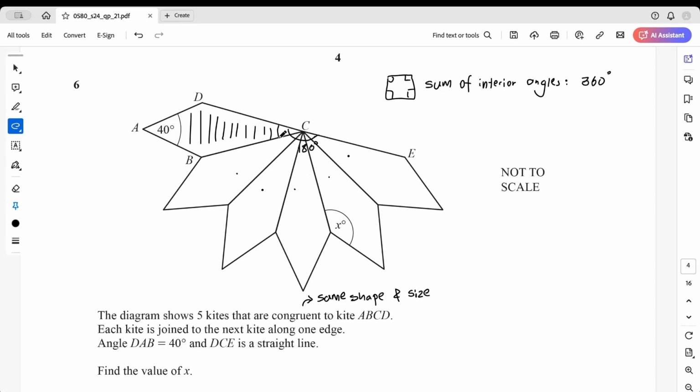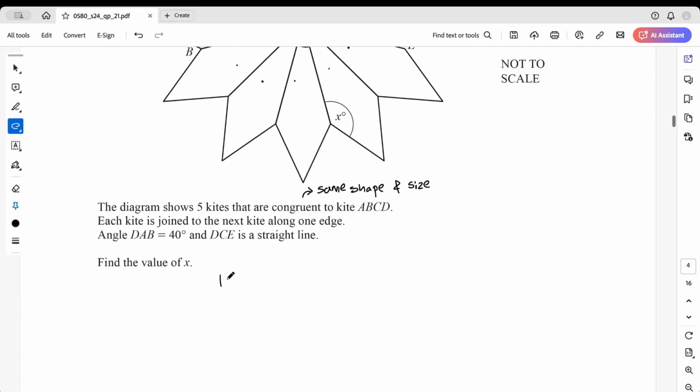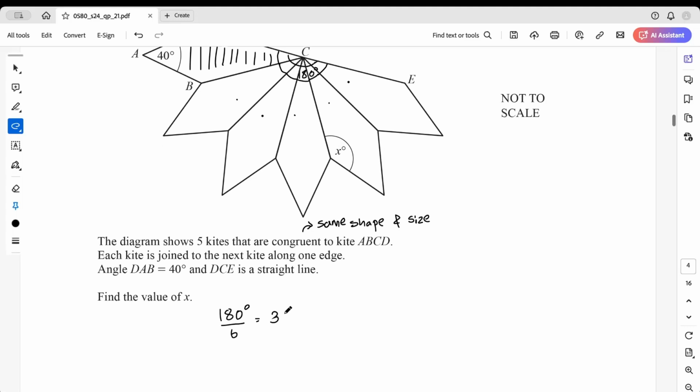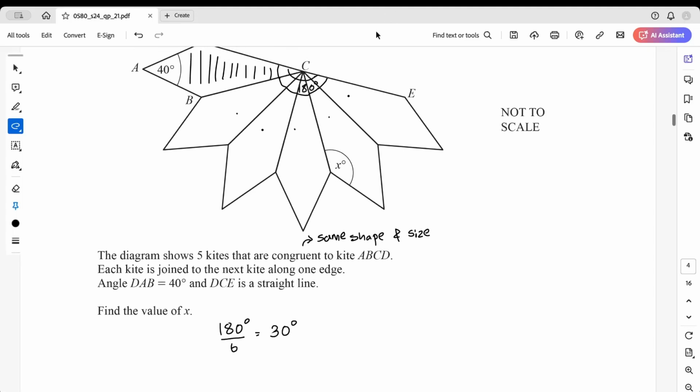Each of these angles are exactly the same. To find the value of one angle, we're simply taking 180 degrees, dividing it into 6 parts here, which will get you an answer of 30 degrees each. So each of these are 30 degrees, and so on.